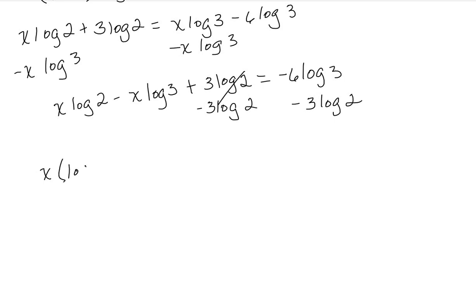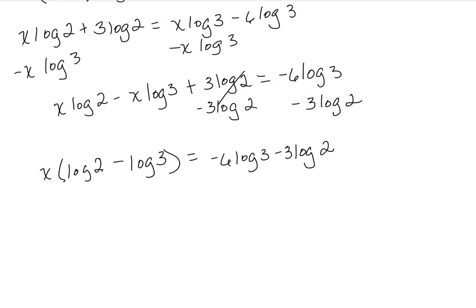That will give me log 2 minus log 3. And over on the right-hand side, I've got my constants. And then I'm going to divide by what's in parentheses, because that's just a constant.